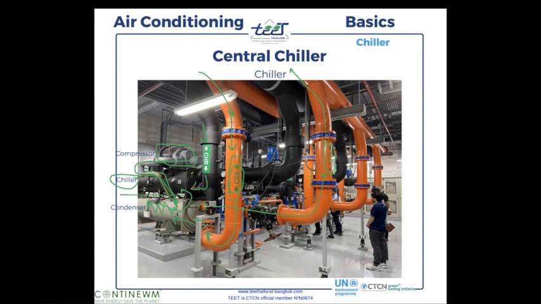So the water gets cold. And the cold water is supplied here, we don't see it, but here is chilled water supply, CHS, supplying the fan coil unit, FCU, AHU, whatever you have using the water to cool the air.